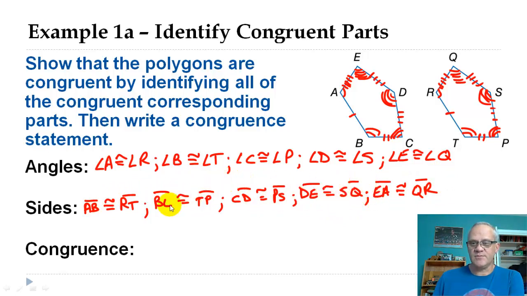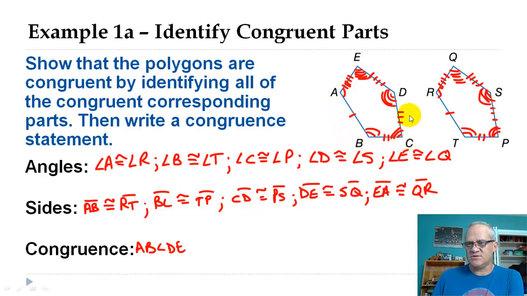Notice we had to match those up. And so in this situation here, now it's not a triangle, so we're not going to use the little triangle symbol, but we're going to name the congruence statement. Because I started with A to B, which I marked as 1, I'm going to do it in that same order. So I'm going to say A, B, and then C, D, E. So A, B, C, D, E. Remember, you have to go in order around the edge of it.